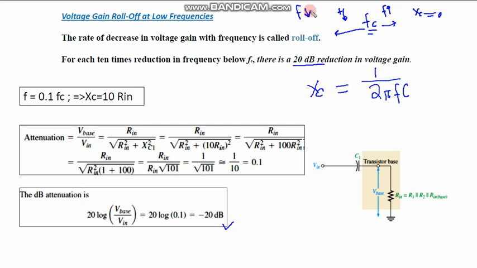So let's take a certain value. If I say the frequency is decreased to 0.1, that is 1 tenth of Fc, let's suppose this is given, then I can get this relation. I can put the value of the frequency in this equation.